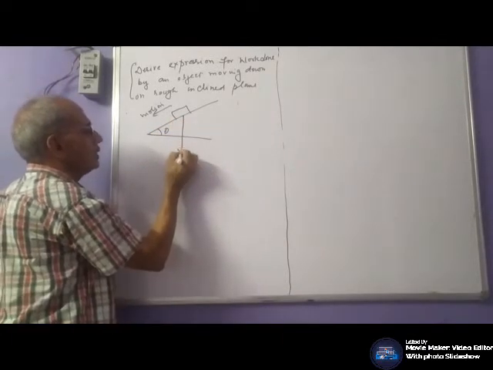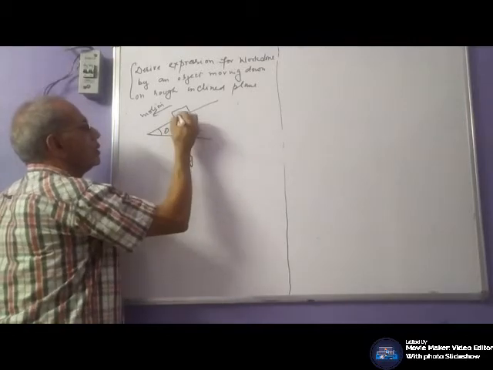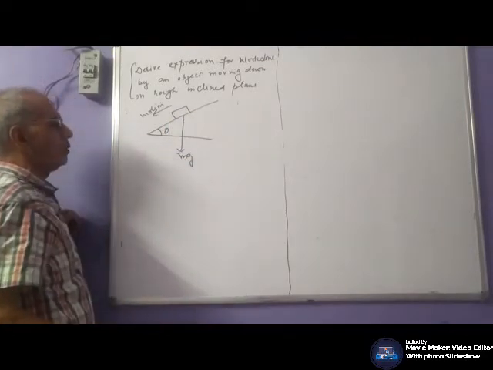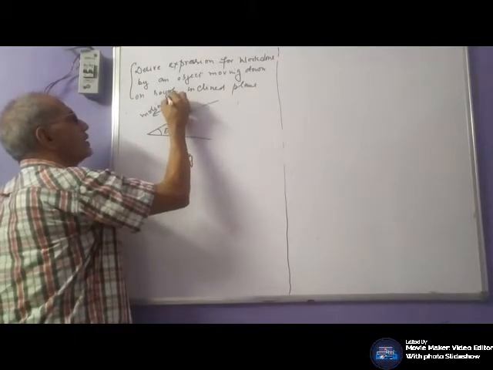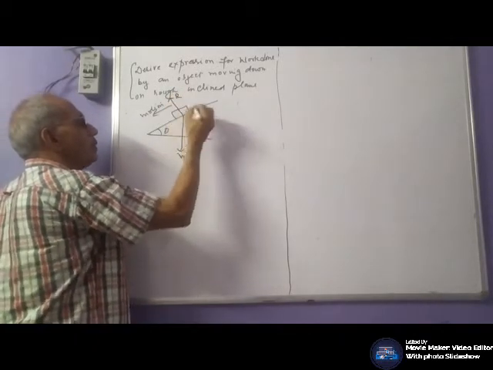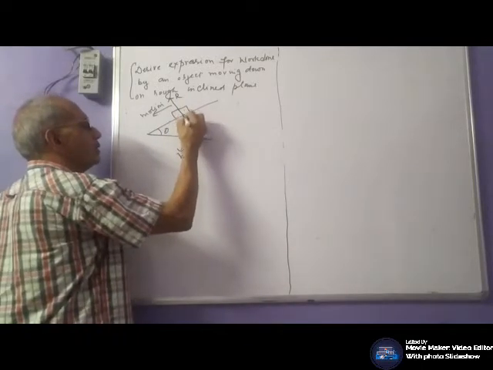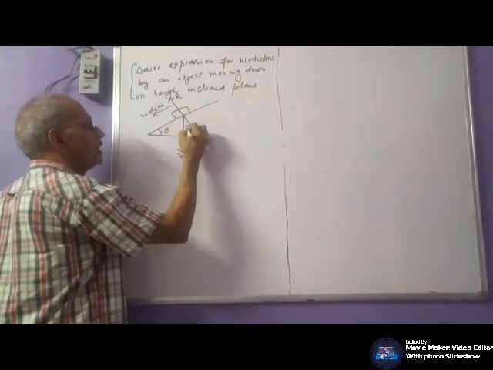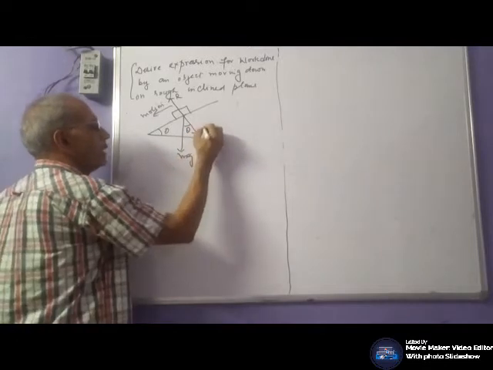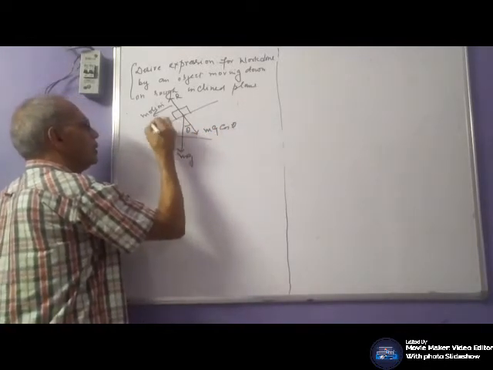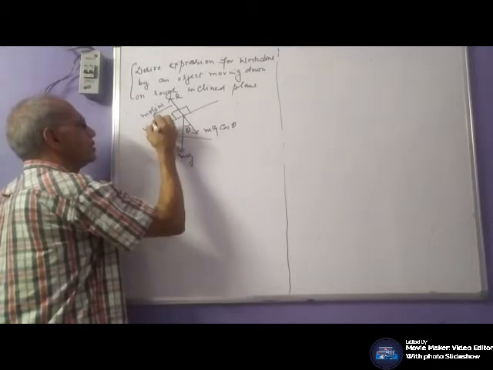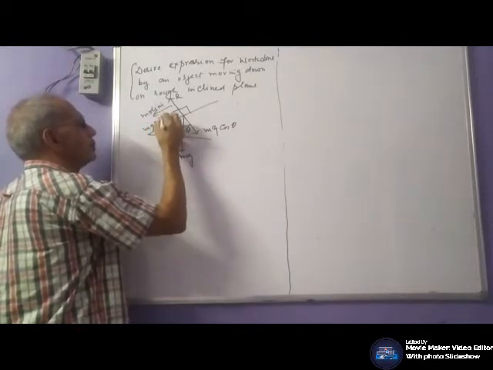Weight always acts downward, perpendicular to ground. Normal reaction always perpendicular to surfaces in contact. So this angle will be theta. Resolve mg. mg cos theta. It will be mg sin theta.